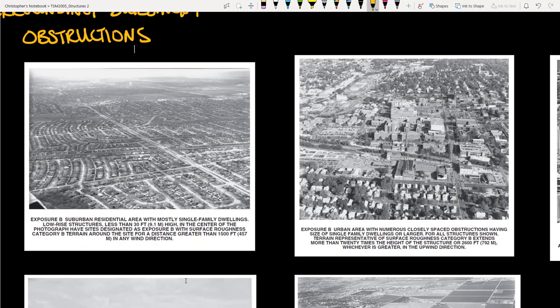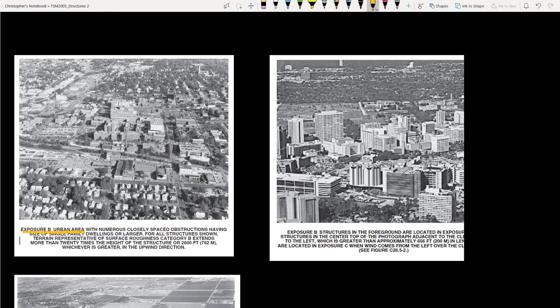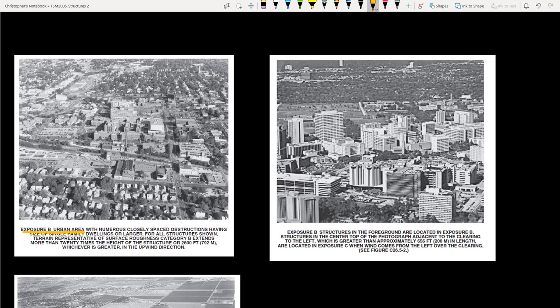These first three photographs define exposure B. Exposure B is used for suburban and urban areas, with buildings closely packed together of small, moderate, or larger heights, as seen in this last photograph. And so exposure B actually covers the majority of conditions.